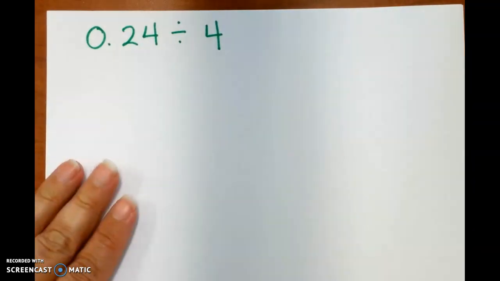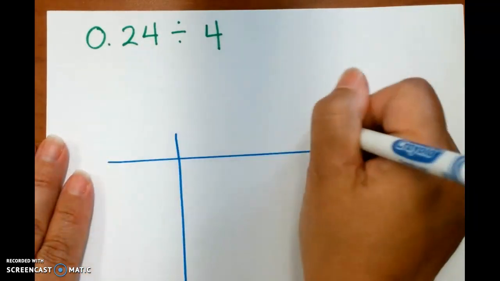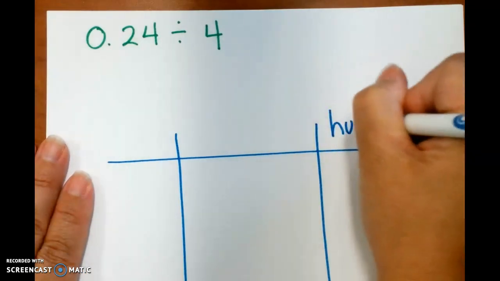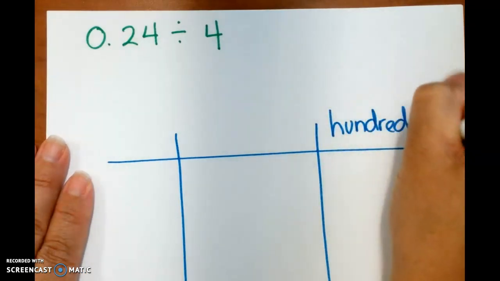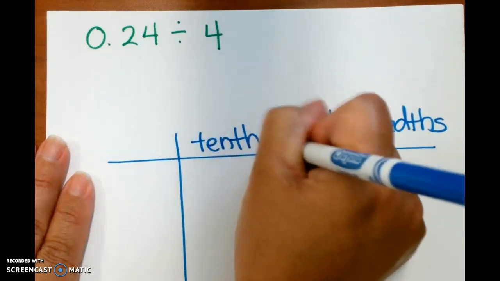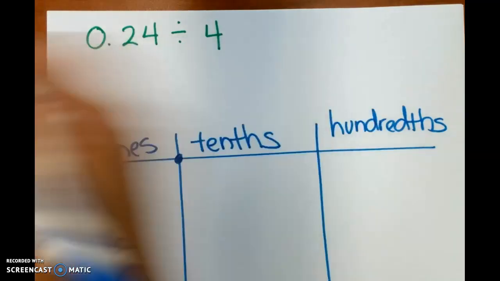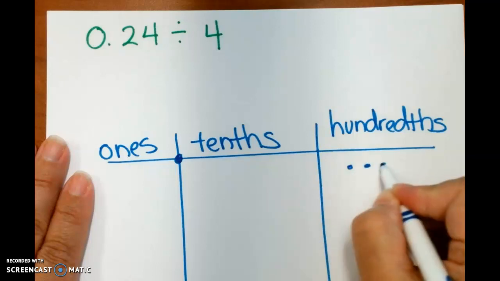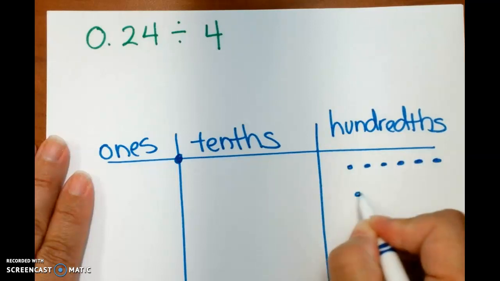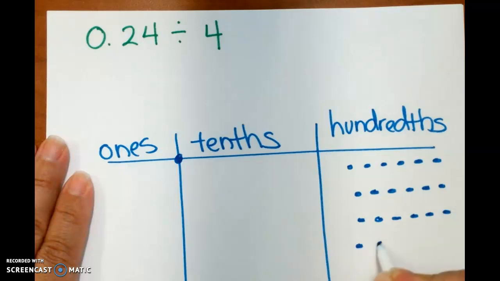So, if I have 24 hundredths, here's my hundredths, here's my tenths, here's my ones, here's my decimal. I have 24. I have 1, 2, 3, 4, 5, 6, 7, 8, 9, 10, 11, 12, 13, 14, 15, 16, 17, 18, 19, 20, 21, 22, 23, 24.